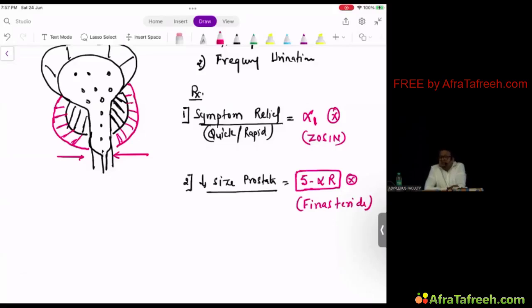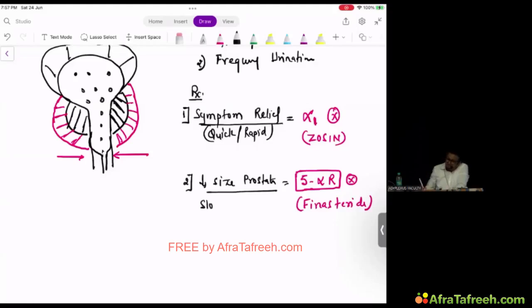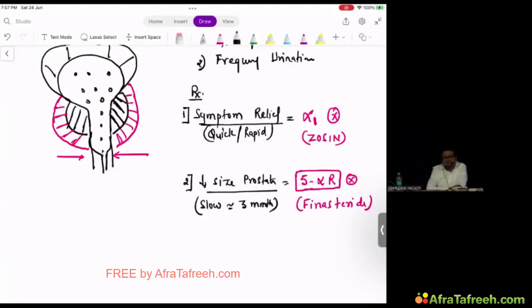Do you think size will reduce in hours or days? So this will be very slow action. It will take many months, 3 to 6 months. So these are drugs used in treatment of BPH. One is for symptom relief, one is for long-term relief. Both the drugs are used in combination.